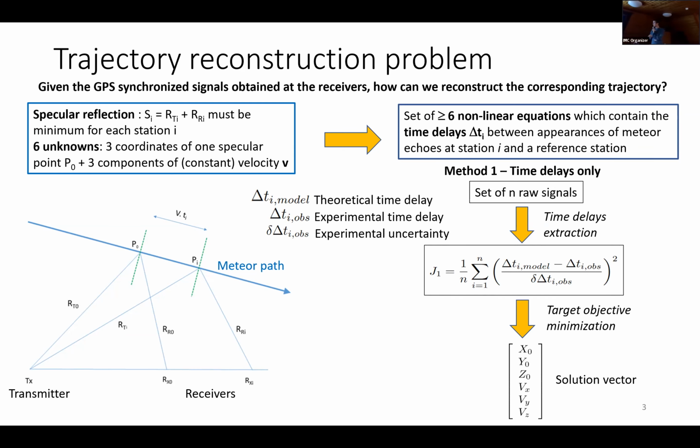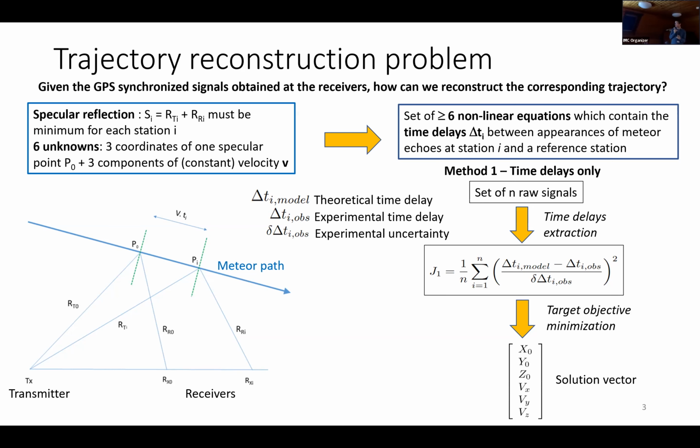Basically, what you see in this target objective is that we try to minimize the difference between our model and our experimental values. We have a model which to each trajectory associates the theoretical time delay that we should observe on the ground. We subtract this quantity from our experimental time delays, and the best trajectory we can find is the one which minimizes this quantity. Then this gives us, through an optimization algorithm, our trajectory with our 6 unknowns.